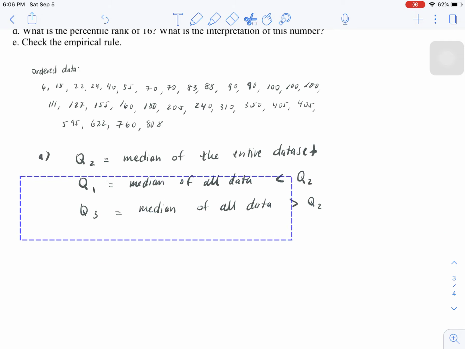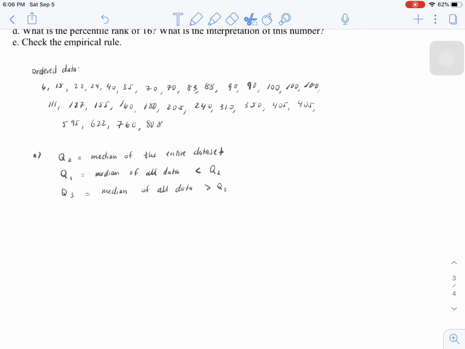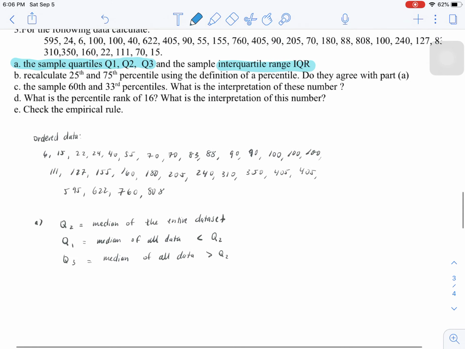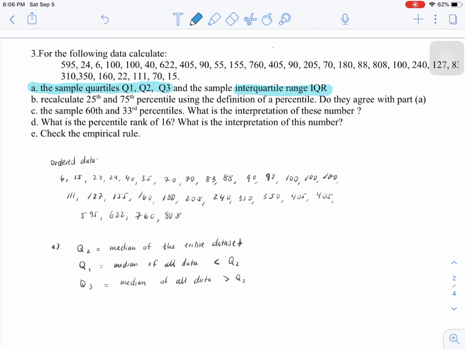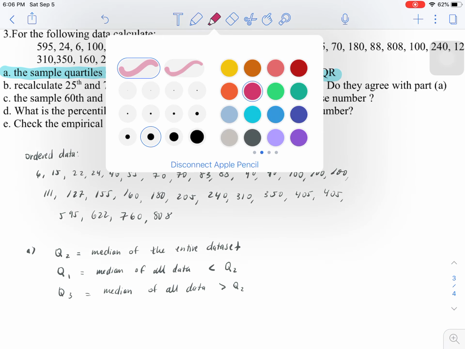Now that we've recapped our definitions, let's actually find the quartiles. Remember, anytime you want to find the median of a data set, it needs to be ordered from smallest to largest. I've done that already for you. So now let's find Q2.